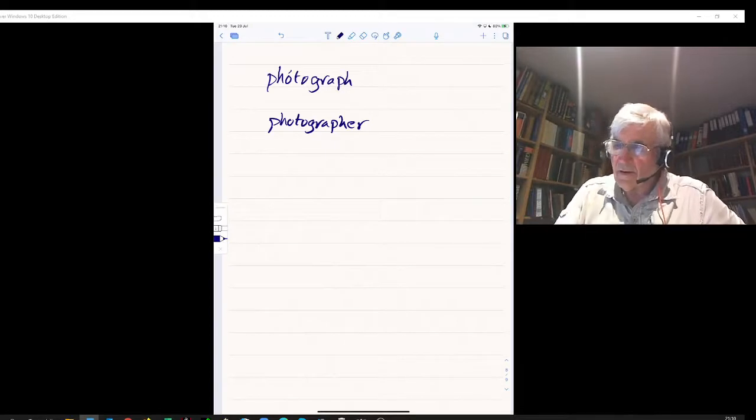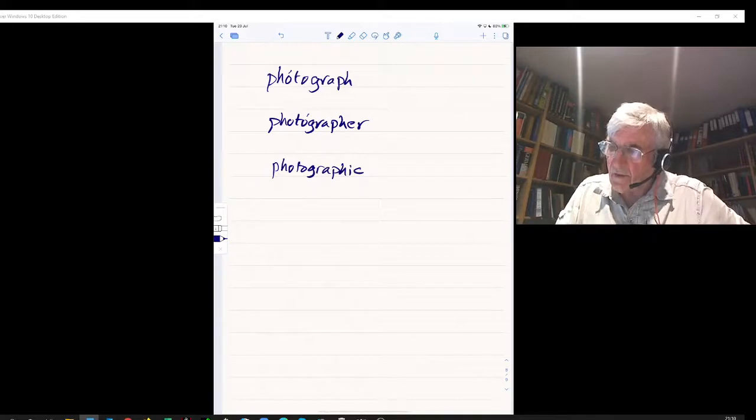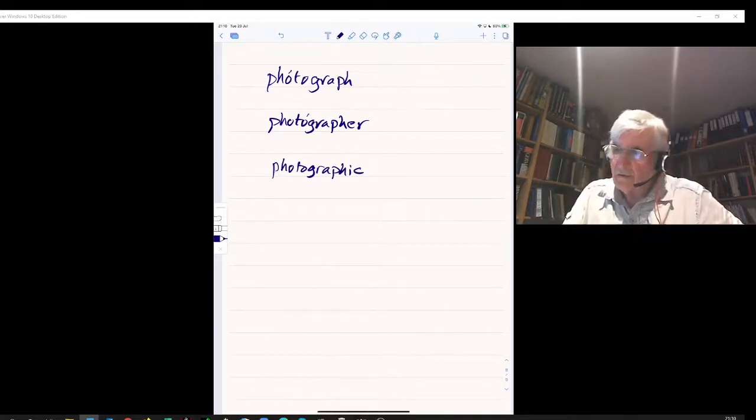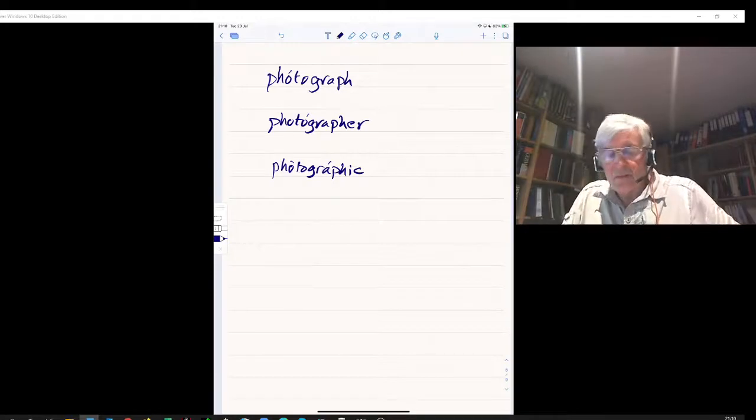In photographer, stress is on the second syllable. Photographic, stress on the third syllable, with a secondary stress, a half stress, on the first syllable now. So photograph, photographer, photographic. So this is the stress.